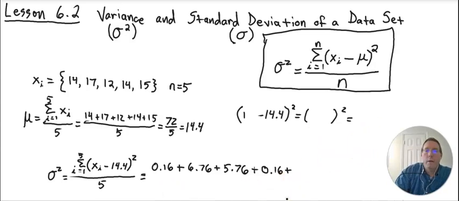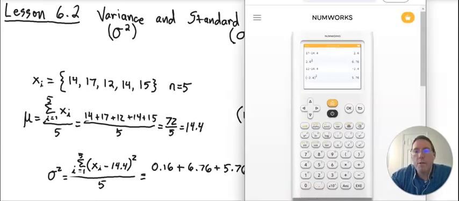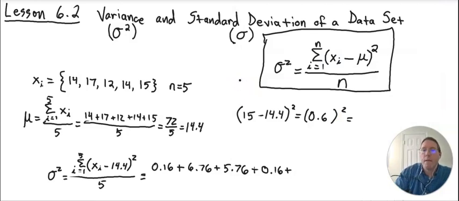Okay. So 15 minus 14.4, which is pretty easy. That's 0.6, okay? All right, and so now we're going to do 0.6 squared, and that winds up being 0.36.